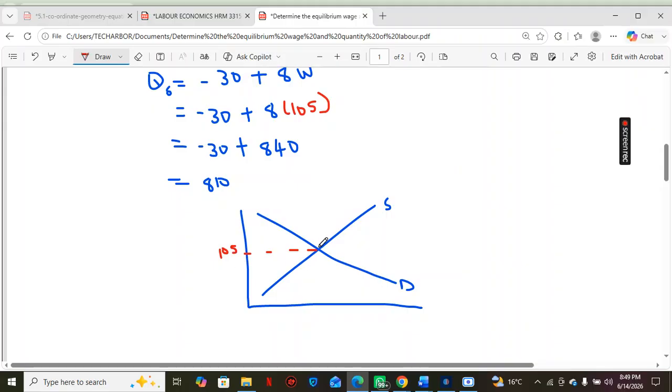Here in Zambia, to be getting paid 105 kwacha, that would be a low wage. And here, 810 workers. Any questions before we go to the next part where government puts in the minimum wage?